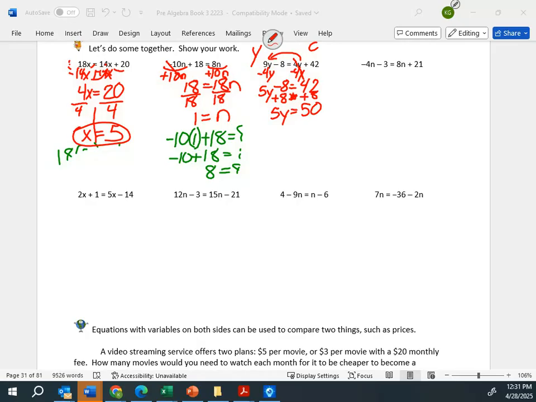I would rather get the right answer, and on the test do that extra step, than combine and make a simple mistake, and then I have to do the practice work and I have to do the retake again. You're not saving yourself time by combining steps. You're really not.